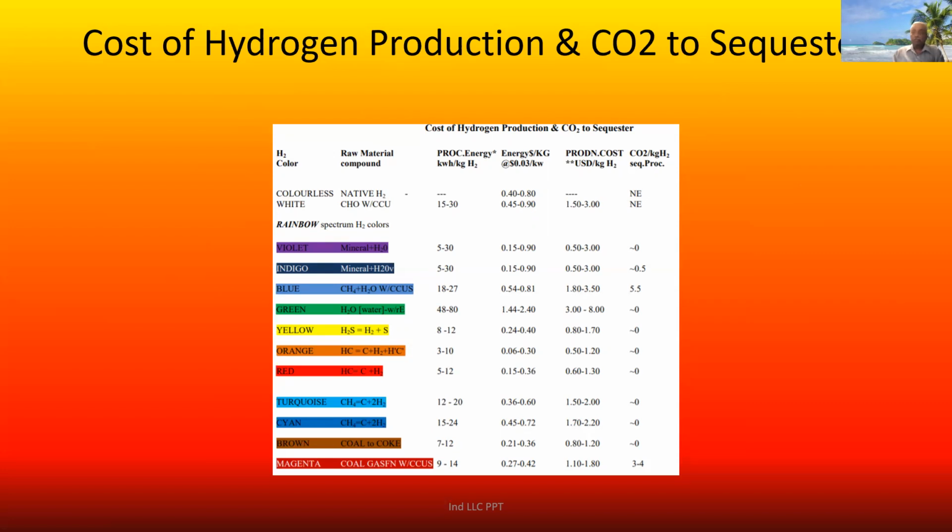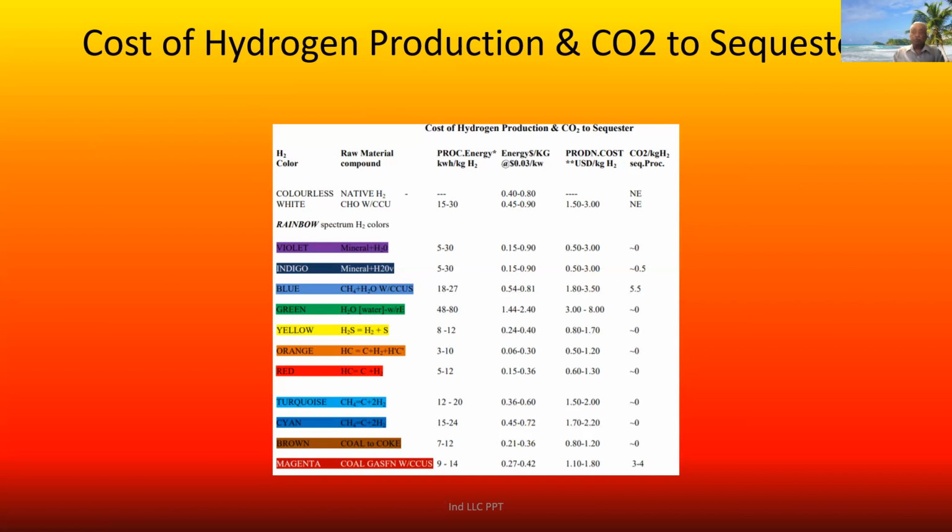We call the native hydrogen colorless. We can call the hydrogen produced from carbohydrates or biomatter white. Now we come to the rainbow spectrum of hydrogen colors.